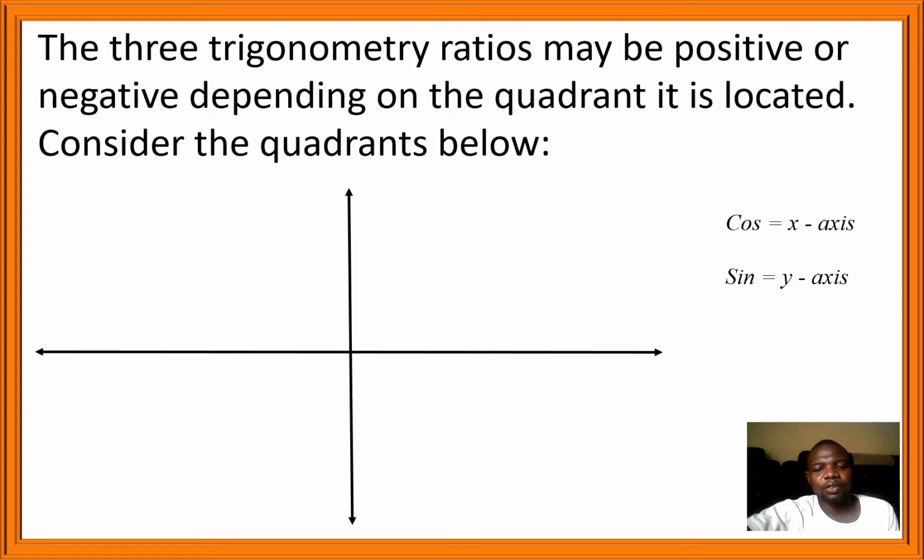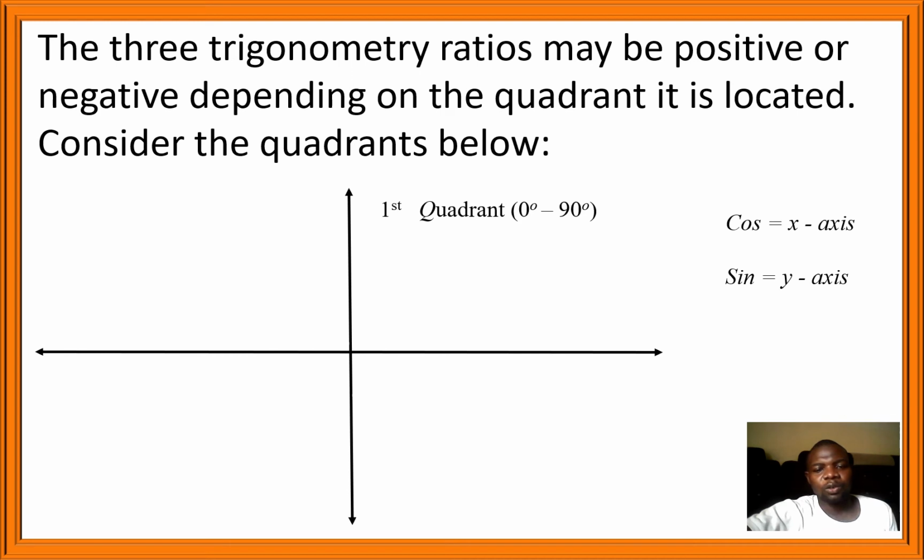That is our reference. So from the positive x-axis, this becomes our first quadrant, where the angles lie between 0 and 90 degrees.